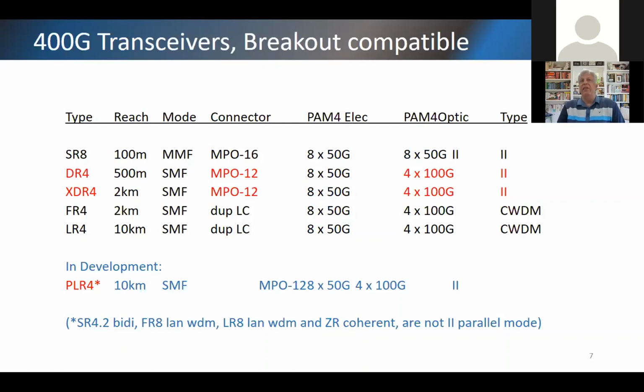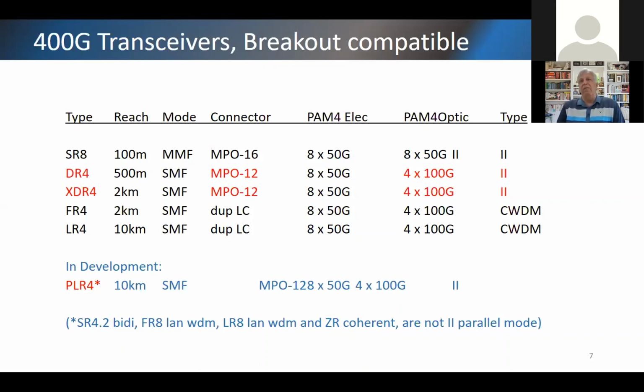One thing I'd like to note is we do have in development a PLR4, which is 10 kilometers, which will basically be taking the signal and putting it into a parallel mode. So one of the things that I've marked out in red, the transceivers that are compatible with breakout on the 400 gig side are, and you'll see this, 95% of everything right now is going to be DR4. And then you've got the XDR4, which is really just another name for the FR4, except the XDR4 is in parallel mode instead of CWDM.